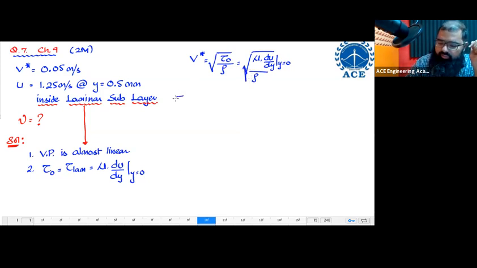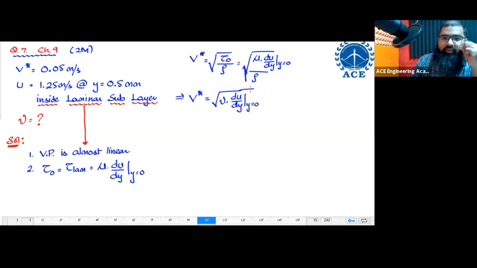So from here it implies that the value of V star has to be equal to root over of mu by rho, which is nu, multiplied to du upon dy at y equal to 0.